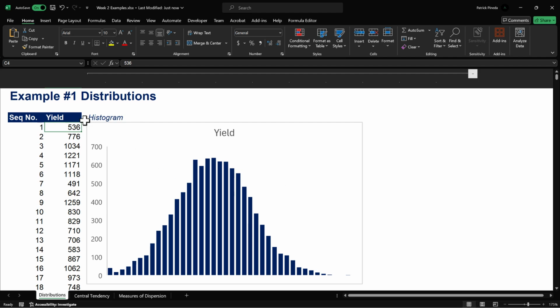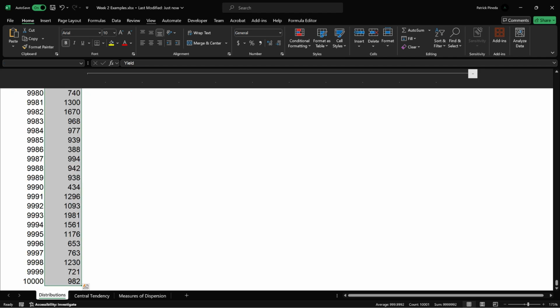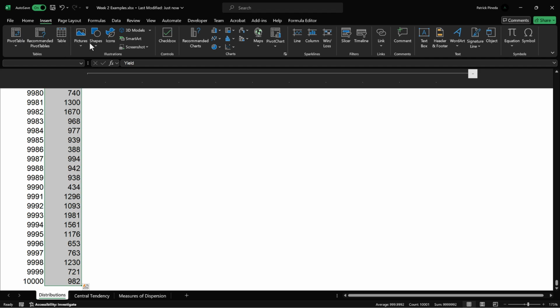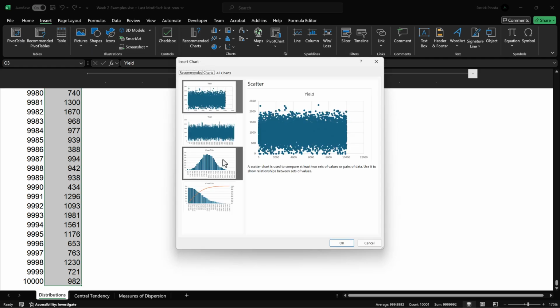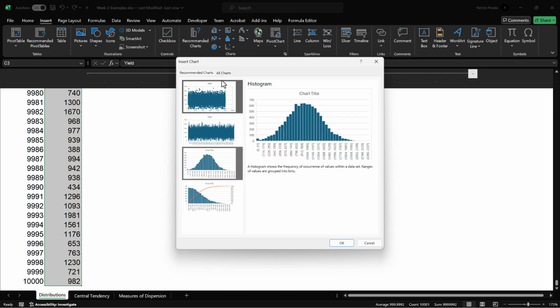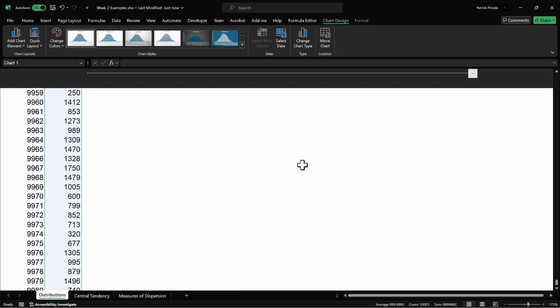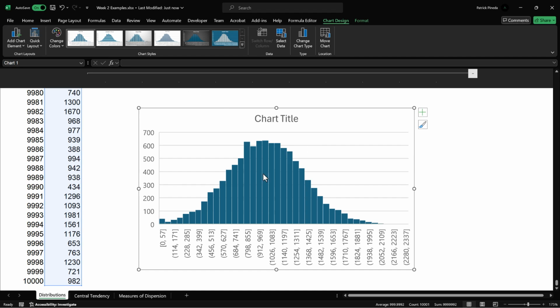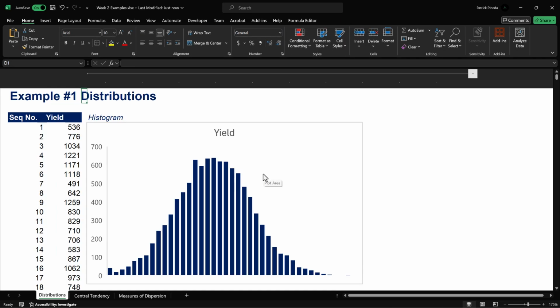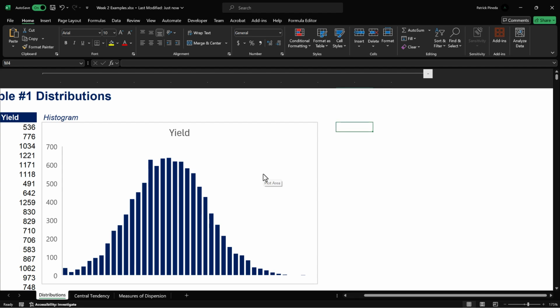So to create this quick visual from scratch, we would just highlight this range, go to recommended charts, and you can see, let's take this closer up to the one I have already pre-prepared.